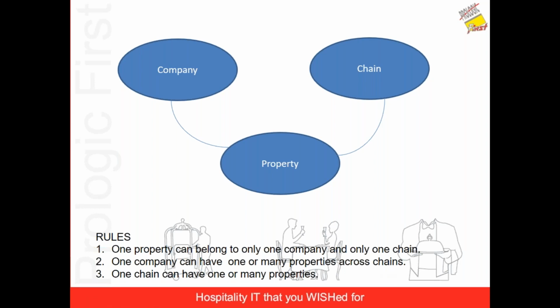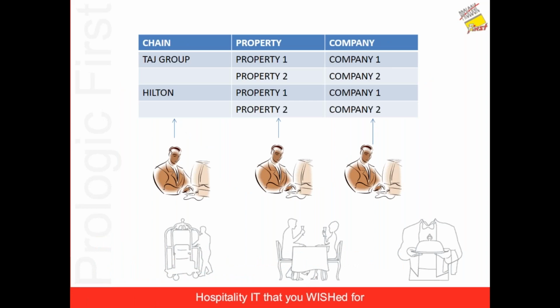So a single managing company can be configured with properties across two different chains. The third rule is that one chain can have one or more properties, which of course everybody is aware of.